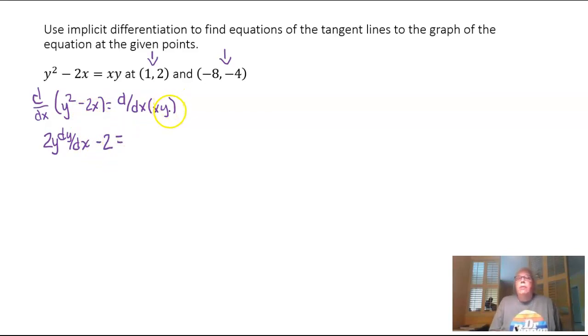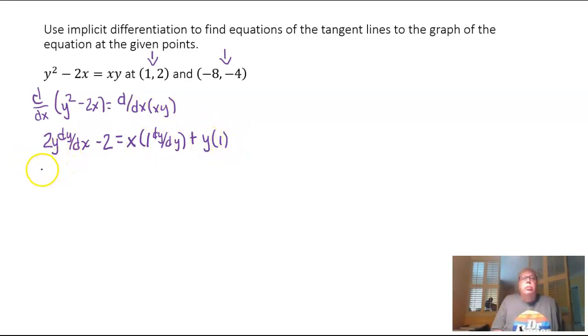Over here we have to use the chain rule, so we'll have the first thing, x. The derivative of y with respect to x is 1 times dy/dx, plus the second thing, y, multiplied by the derivative of x with respect to x, and that's just 1.